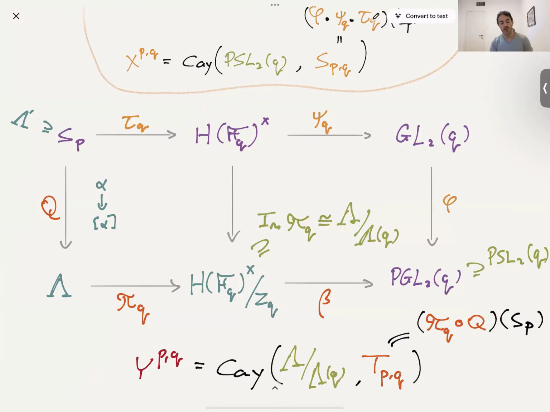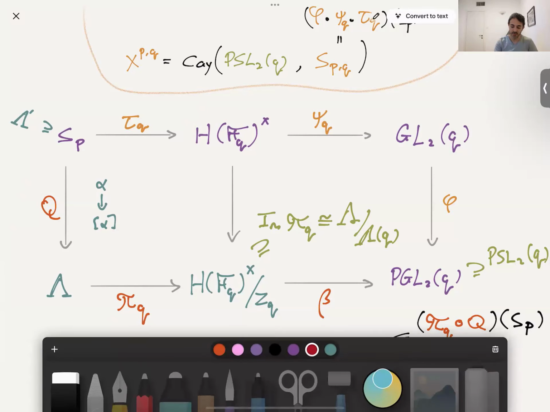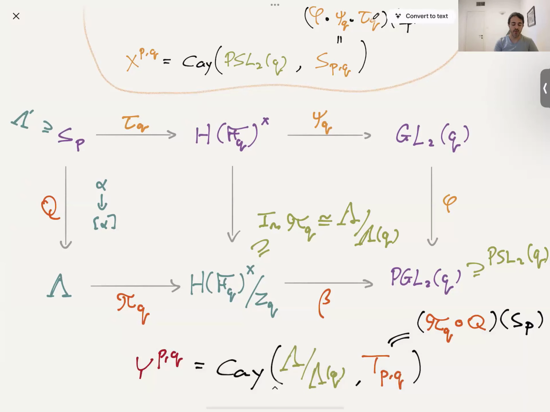The construction of YPQ also started with SP, but now considered as a subset of the bigger lambda prime quaternions. And we first did this slightly weird reduction, where we identified two integral quaternions if one of them is obtained from the other by scaling by P to some power, plus or minus. That came from the uniqueness of factorization that we had for quaternions. And we got this Q, that's just a projection.